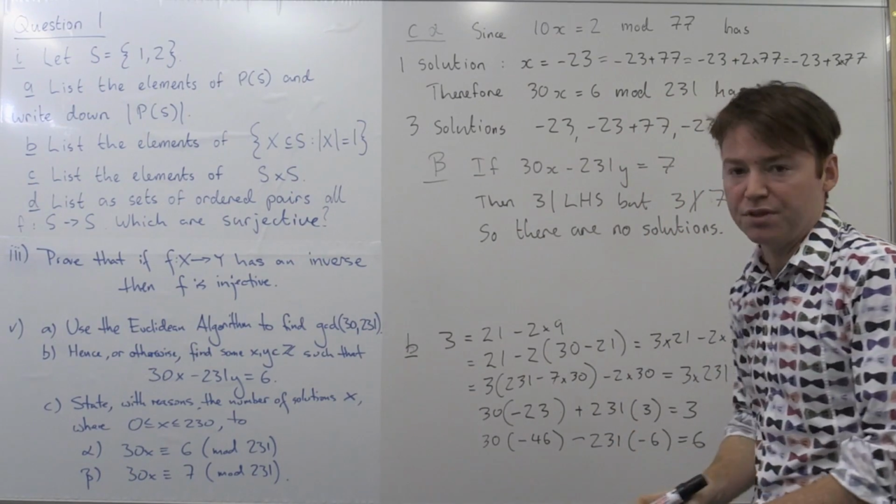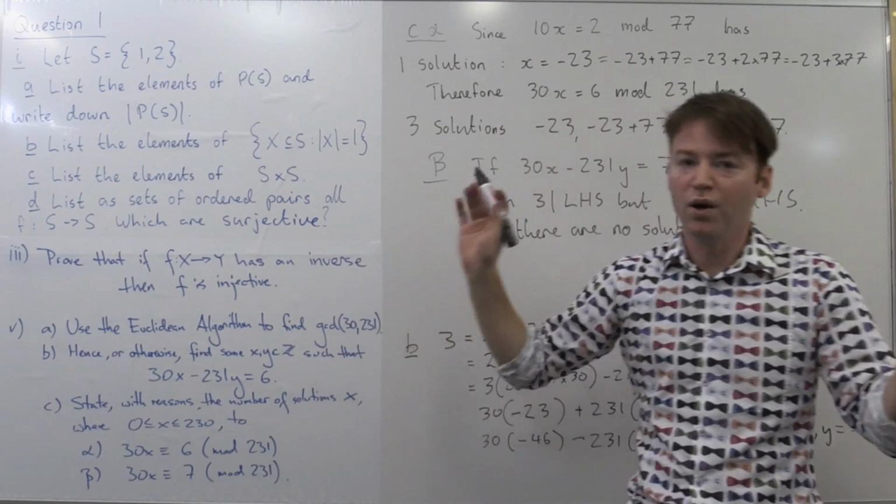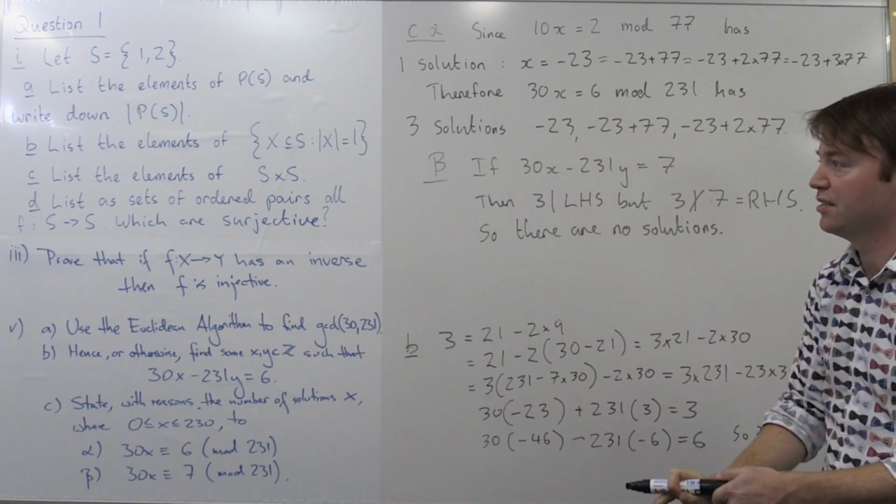So there are no solutions in this case. And again, you could have just said 3 and 0, and that would have been fine, but I think a little bit more detail is nice.